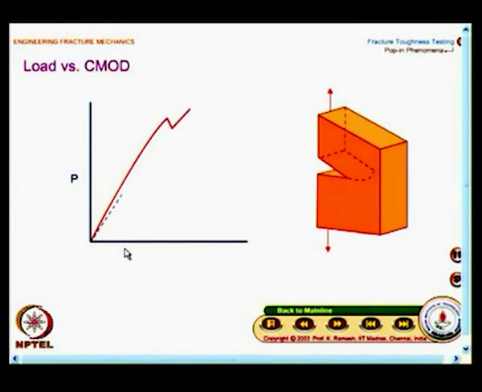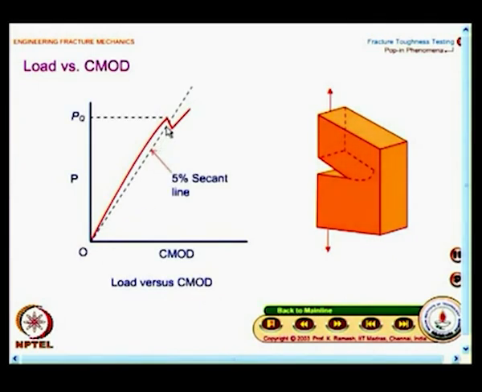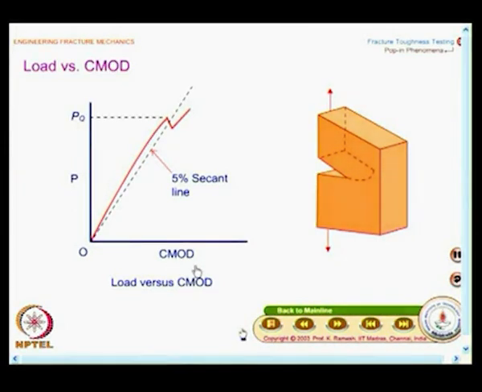and also sketch it. It is very important how the graph looks, P versus CMOD. So, this is an experimentally observed phenomenon, and this is an animation. The click sound is loud enough for you to hear.